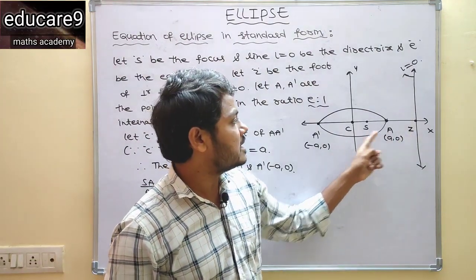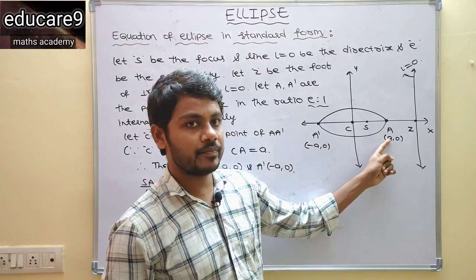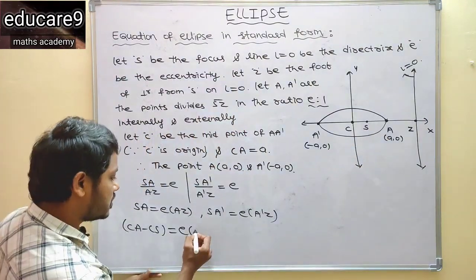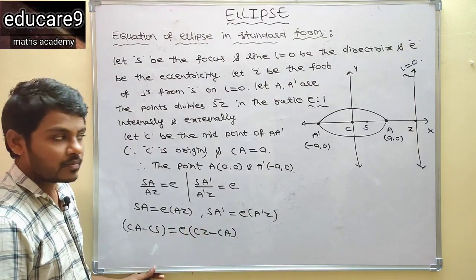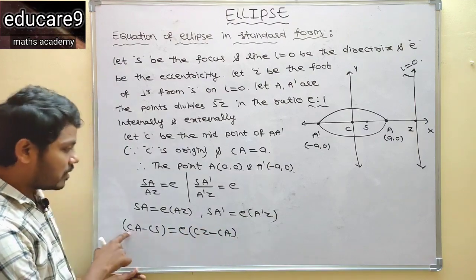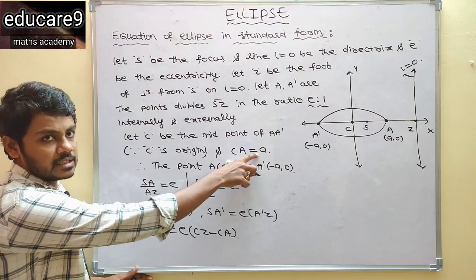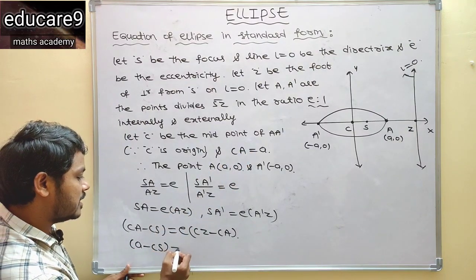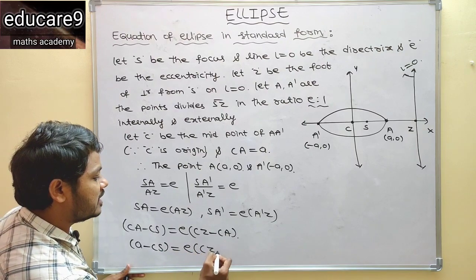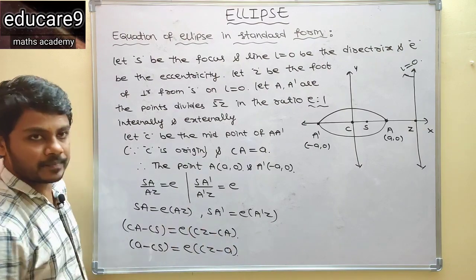AZ is written as CZ minus CA. Next, what is the CA distance? That is a only. So write a minus CS is equal to e into (CZ minus a).